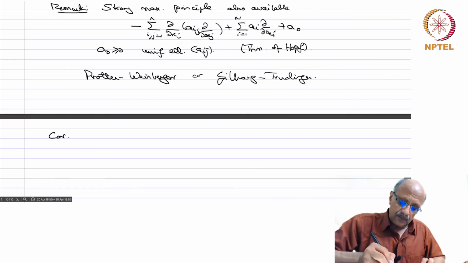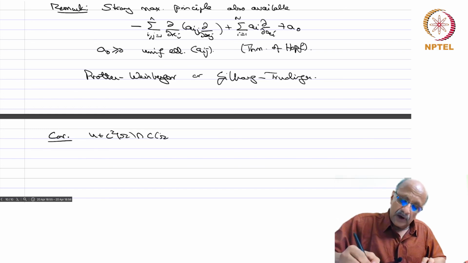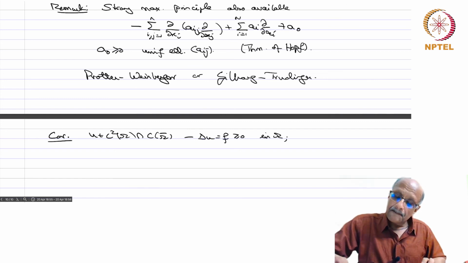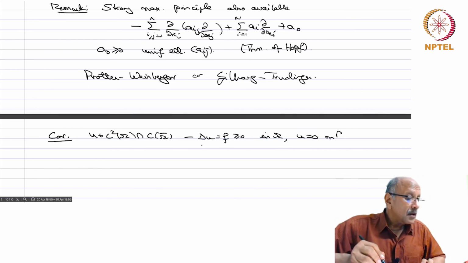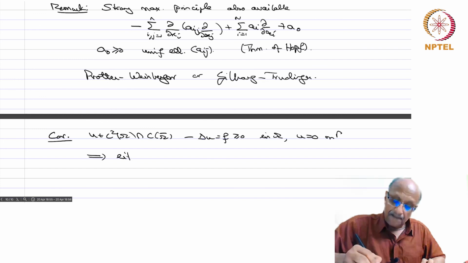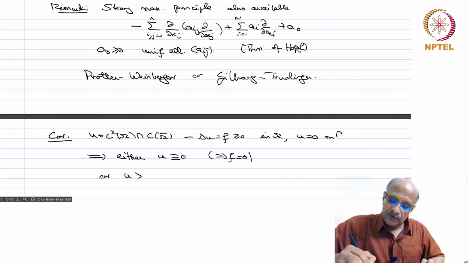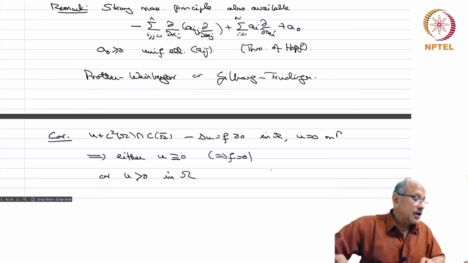Finally, a corollary. So, u in C²(omega) intersection C(omega bar), minus Laplacian u equals f greater or equal to 0 in omega, u equal to 0 on gamma, implies either u is identically 0, which will imply that f equal to 0, or u is strictly bigger than 0 in omega, because the infimum can be attained only on the boundary.